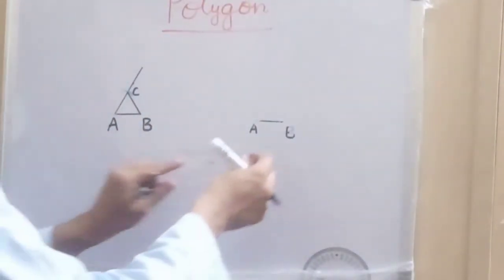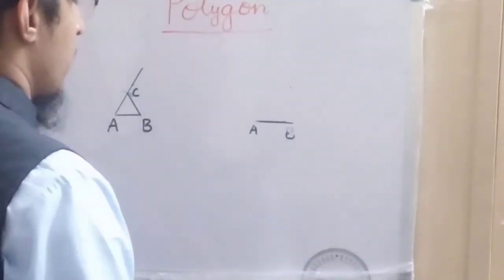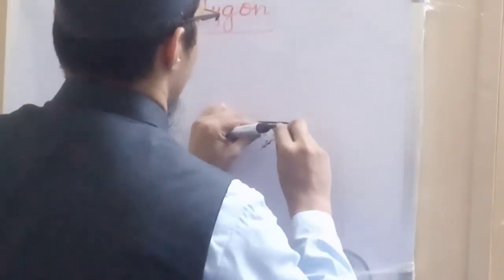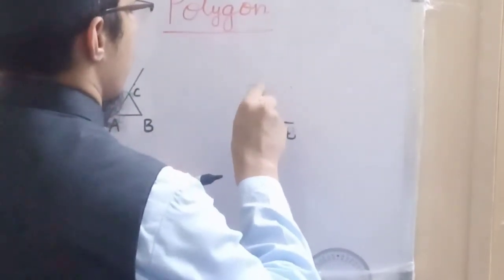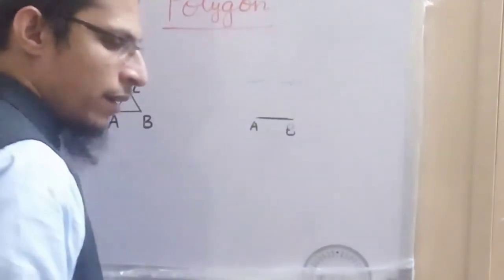After this, take an arc equal to AB. And mark the arcs on both the sides.